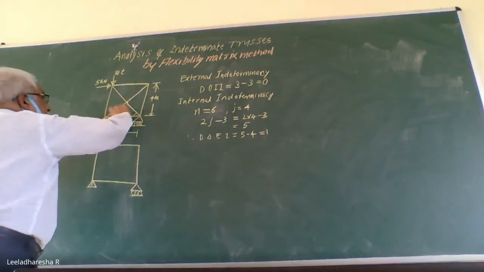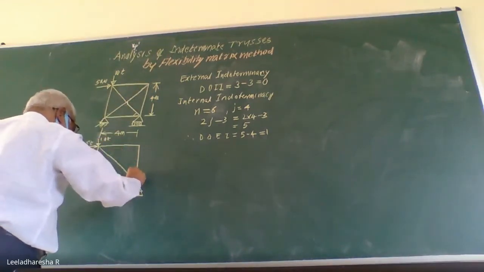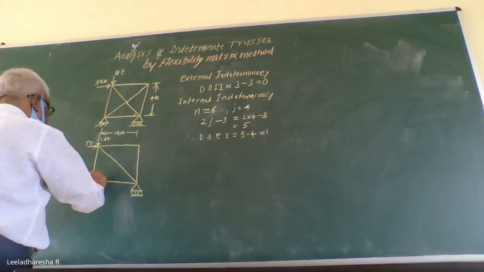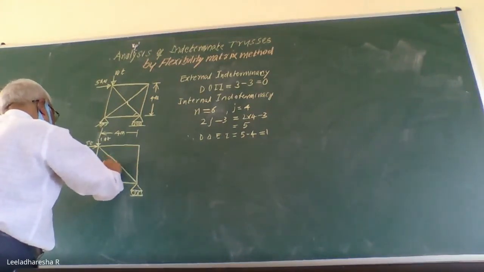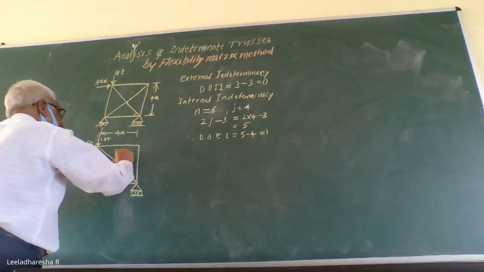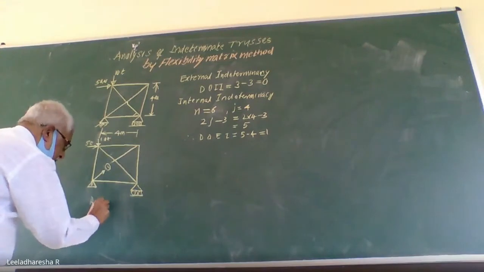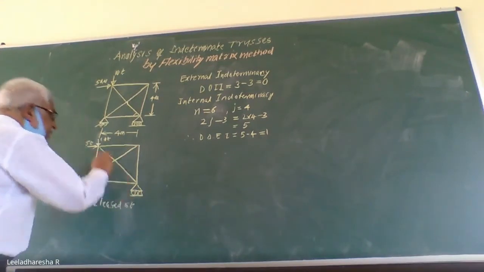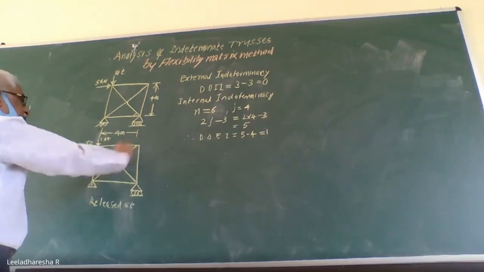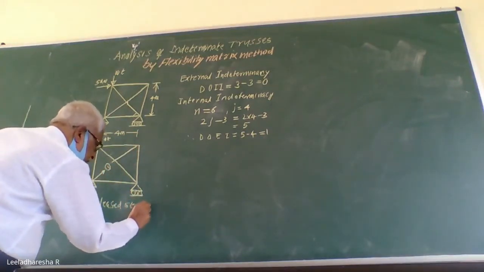I am going to relieve this particular member. Now it becomes a determinate one, and I assign a coordinate number 1 for this particular diagonal member. This structure you can call the released structure, meaning I am imagining that this member is being released.